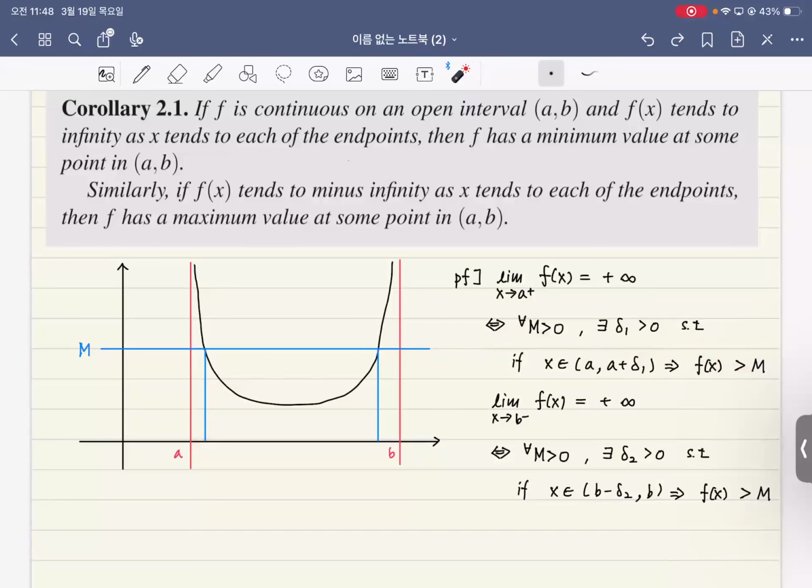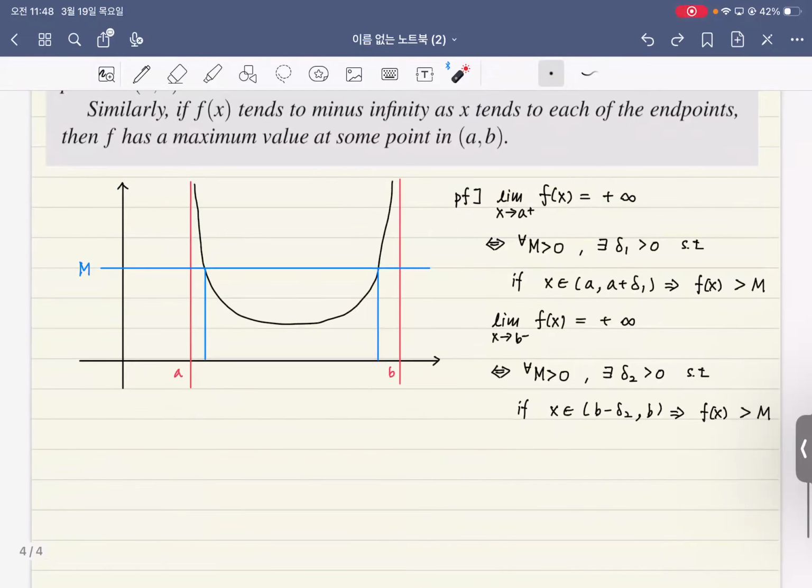So this length from here to there would be our delta 1. And on this interval, the function value is greater than m, so this length would be our delta 2. Okay, now the proof is clear.